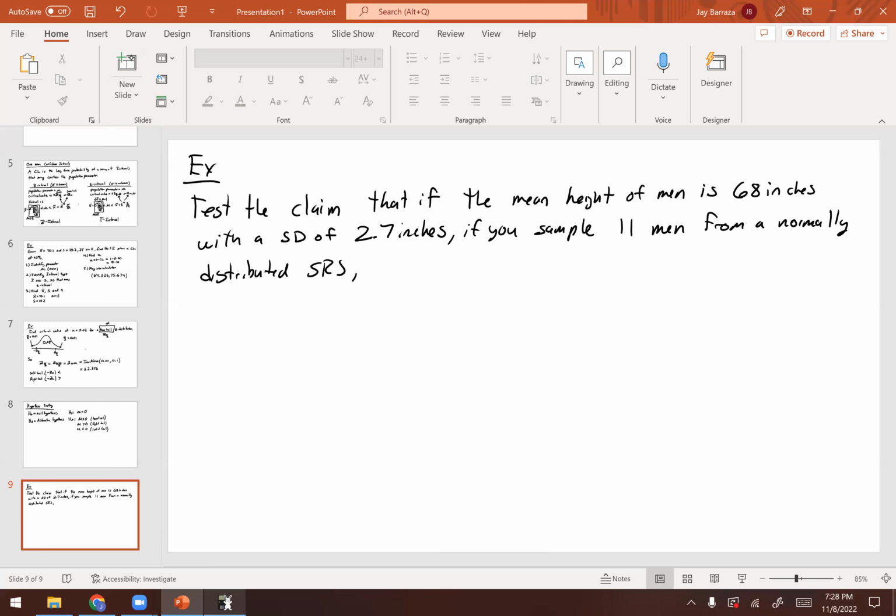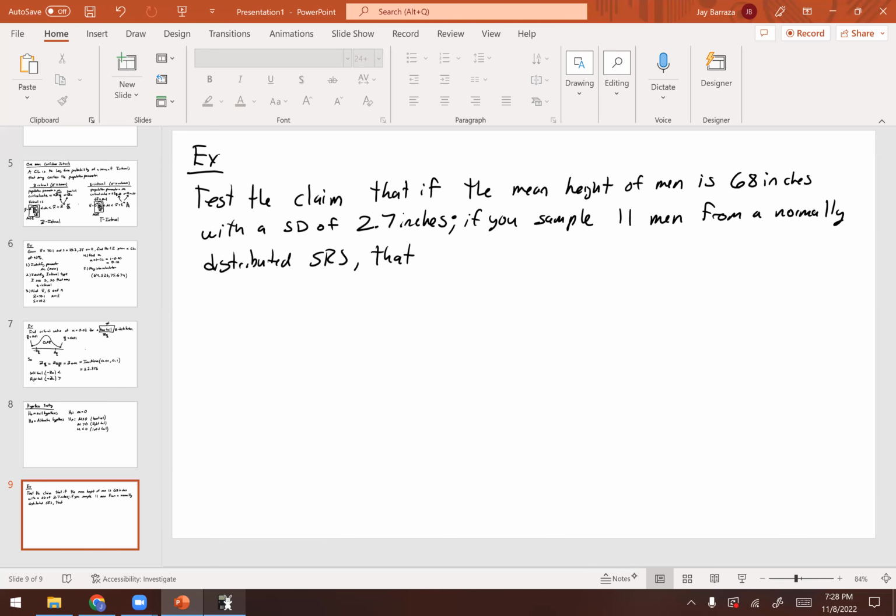So test the claim that the mean height of men is 68 inches with a standard deviation of 2.7 inches, if you sample 11 men from a normally distributed simple random sample, that it is not different. Okay. I think that makes sense.